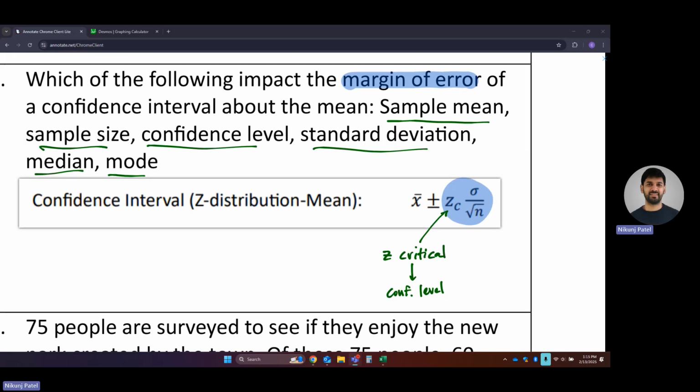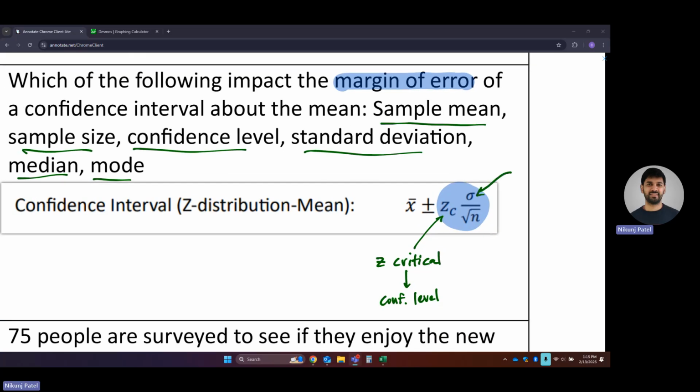Then you've got this symbol up here, which is a lowercase sigma. That is your population standard deviation. And we have this value right here, lowercase n. That's your sample size. So these 3 impact the margin of error.